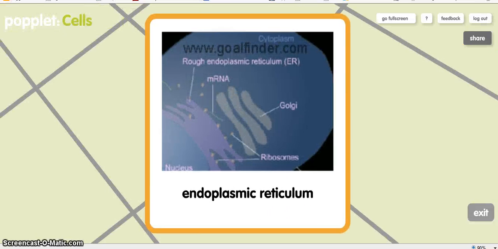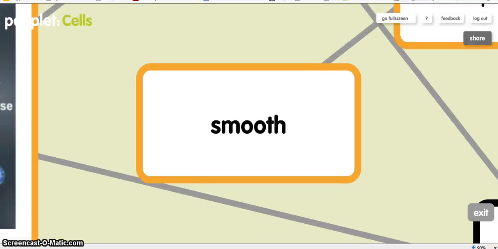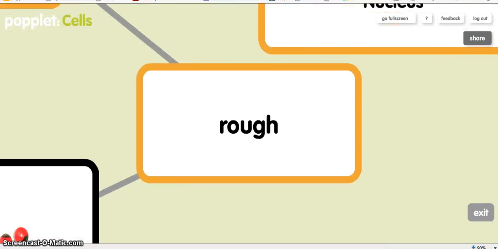Outside of the nucleus, we find the endoplasmic reticulum, or ER, which makes up half of the cell membrane. Smooth ER stores enzymes. Rough ER has ribosomes attached.